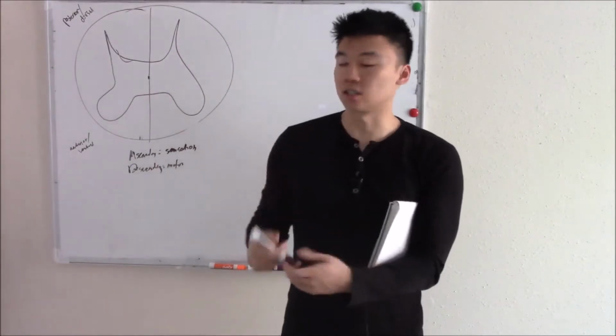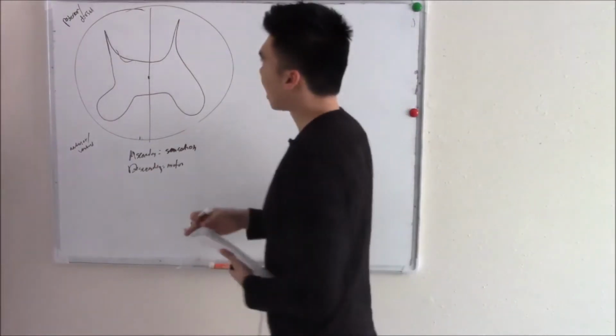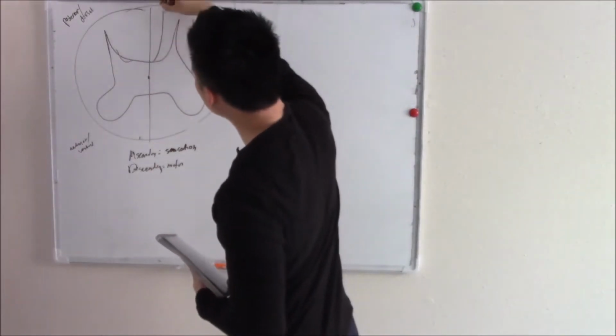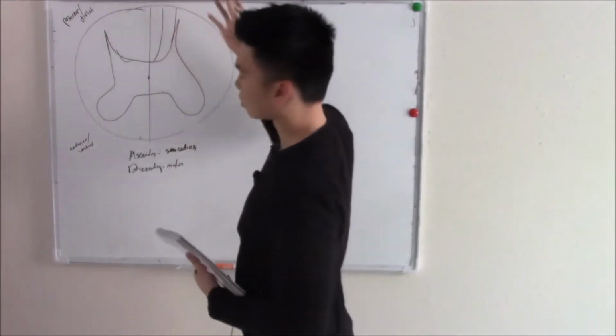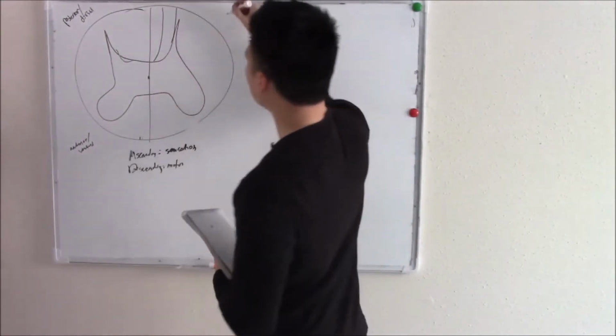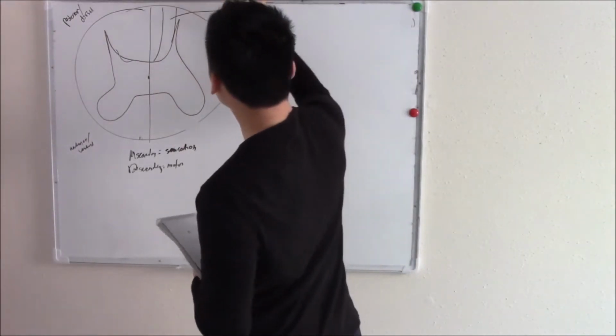This is all sensation. Ascending, you have some columns of ascending fibers in your dorsal region. We call these dorsal columns. I'll just write dorsal columns.